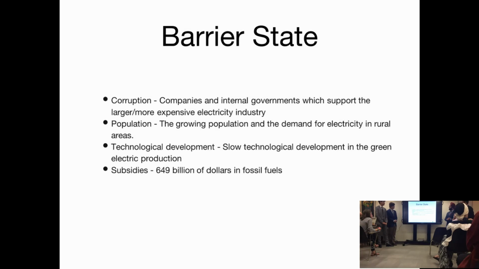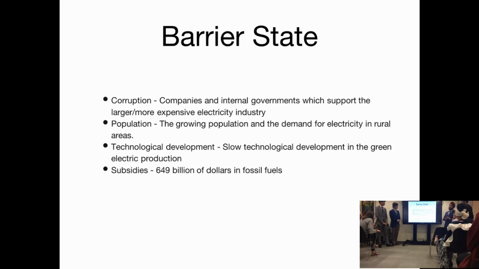Next slide. So what is our barrier state for now? This is a list of problems, or factors, that are stopping us from achieving our preferred state. One is corruption: companies and internal governments which support the large and more expensive electricity industry.